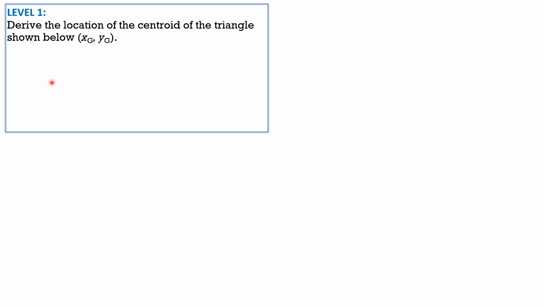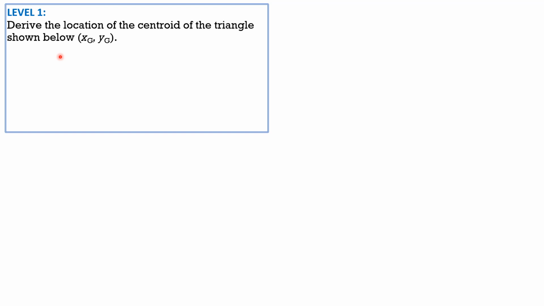This is to have an idea on how to place the equivalent weight or load of a given distributed load so that we can compute the corresponding reaction components if it is a beam, or other required elements such as shear and bending moment.